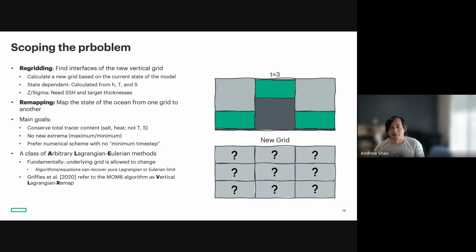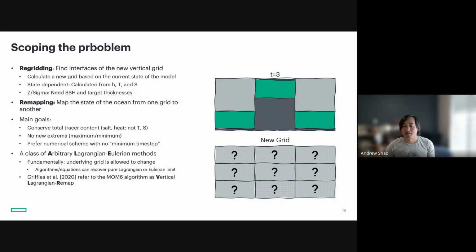Now, the remapping aspect of it is the problem of how do you go from a state like that top panel to the new grid? We'll go into it a little bit, but there are a couple of real key things that we want to make sure of, especially because we're in the business of climate. One, we definitely want to conserve total tracer content, right?